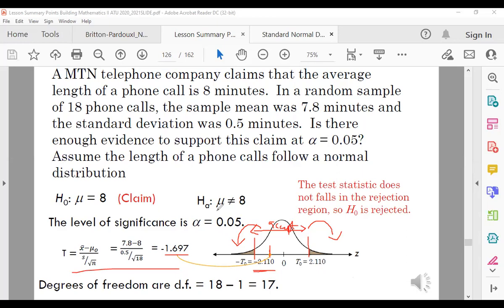If that is the case, then we conclude that the average length of phone calls is 8 minutes as claimed by the company. Good. So that is how you go about it with the T statistic as well.